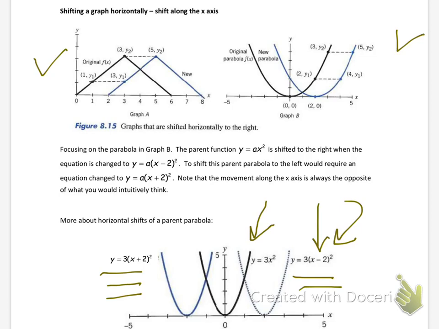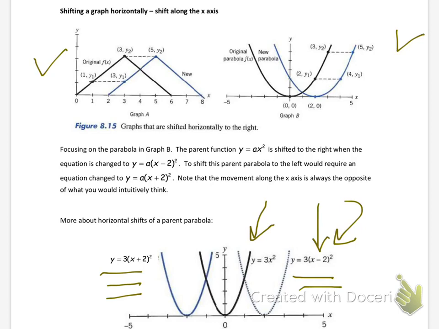So shifting along the x-axis is always a little goofy. If you look at 3 times x minus 2 squared, you would think you're shifting to the negative direction, but you are not. X's are goofy. If it's x minus 2, you have shifted to the right, the positive direction.